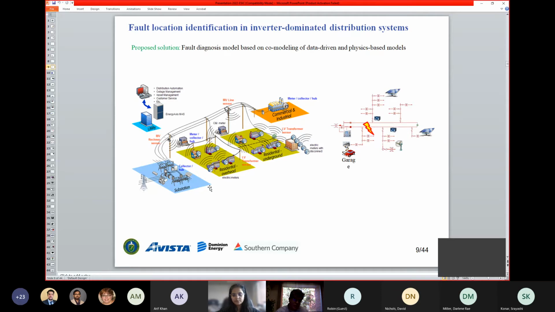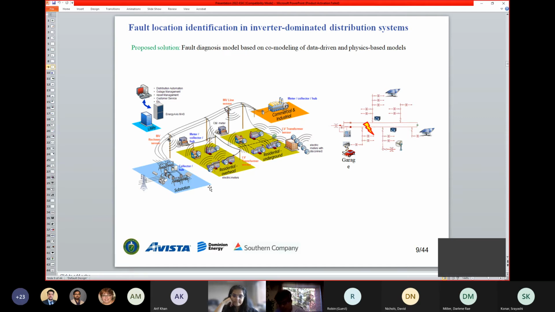No, you don't need to do that. There are a couple of issues. One is that the fault level is so low that you cannot even detect the fault. If you go to that level, as in the comment with Robin, we mentioned that you have to have a certain way of increasing the fault current, either oversizing the inverters or installing a synchronous condenser.